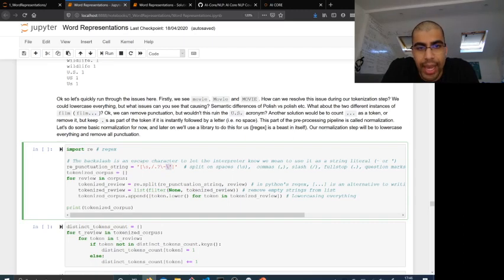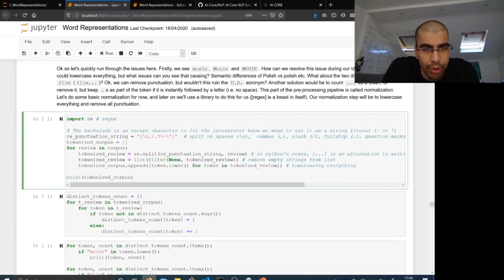And an apostrophe. So for every review in our corpus, we're going to have the tokenized review, and this tokenized review is going to be split using this punctuation string that we just defined. Then we're going to remove all the empty strings from the list, lowercase everything, and return that.